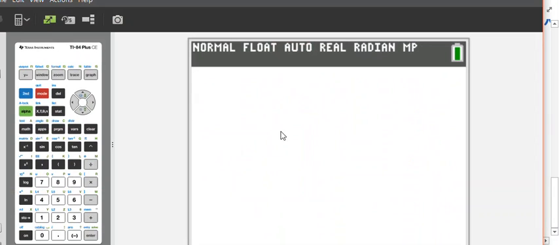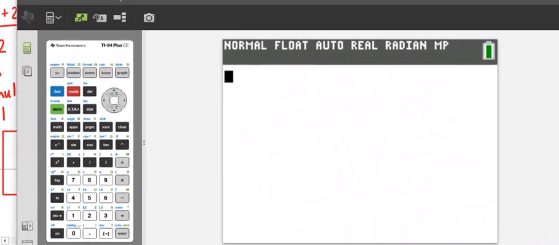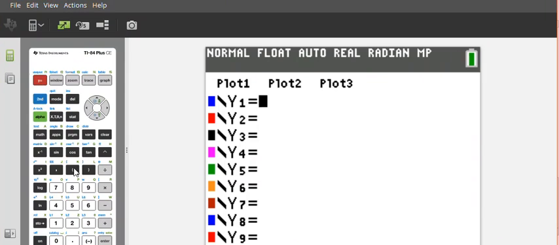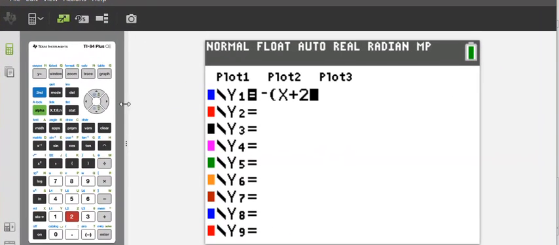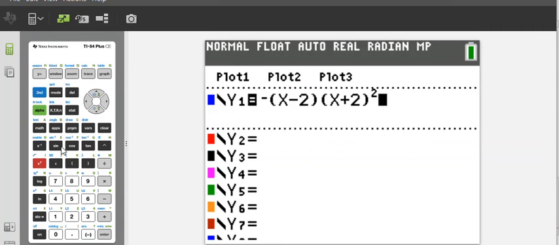I'm going to go to my calculator and punch into y equals what I just said was the final answer. So we're going to have a negative sign and then x minus 2, and then we've got to multiply that by x plus 2 squared, and then multiply that by x minus 3 squared.